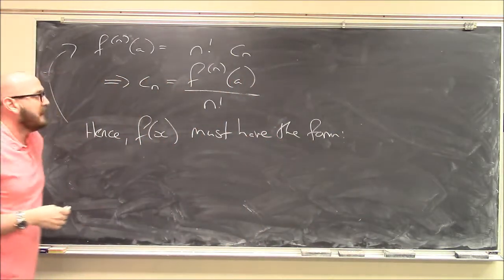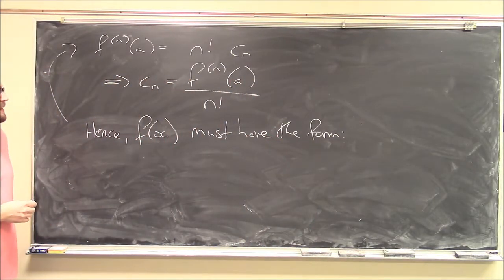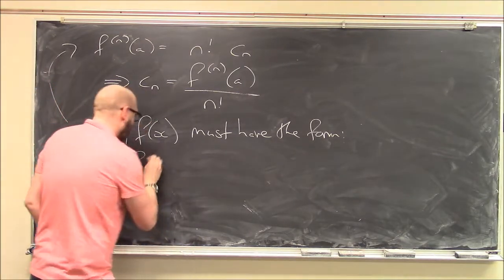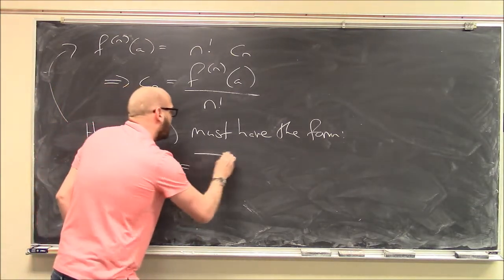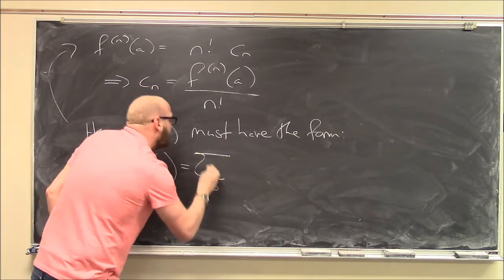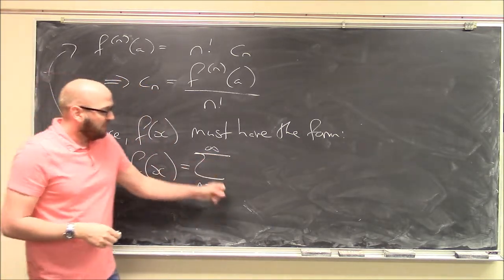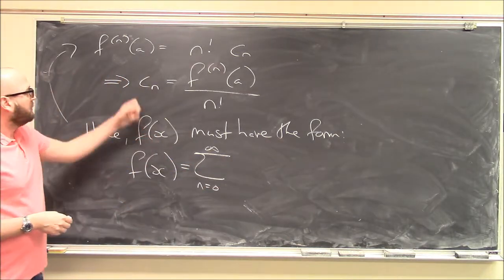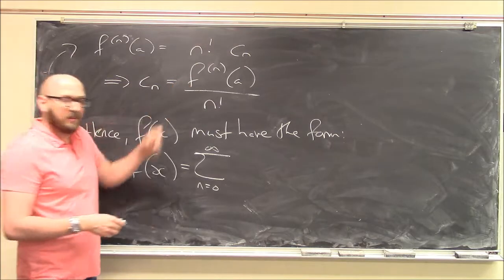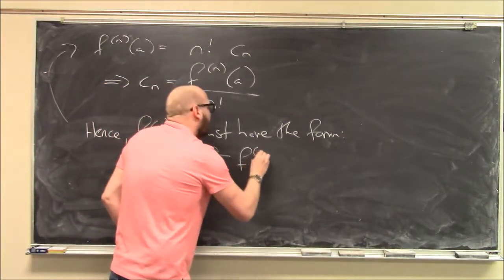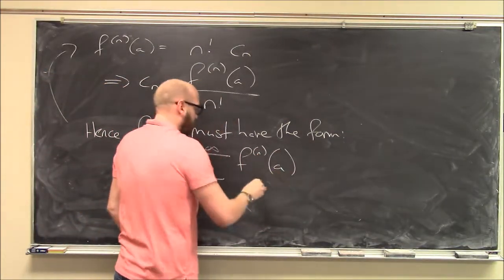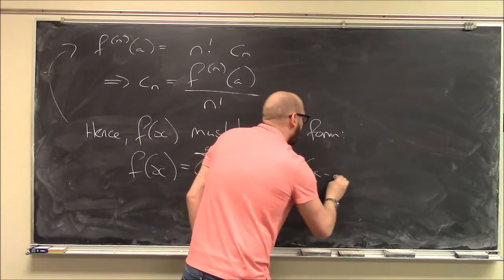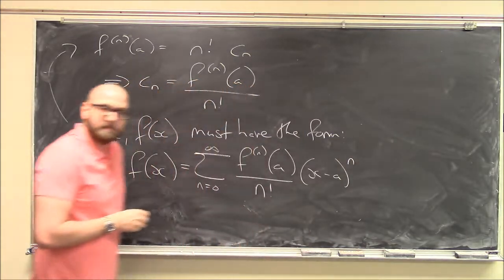So that means if I can write f of x as a power series centered at x equals a, it must look like the following. It must look like f of x equals the sum from n equals 0 to infinity. We had c sub n times x minus a to the n, but by going through this exercise, we've discovered that my coefficients must look like the nth derivative of f at a over n factorial, times x minus a to the n.